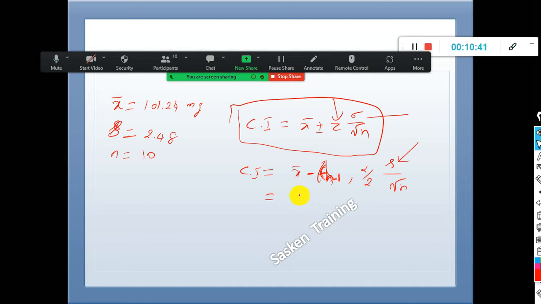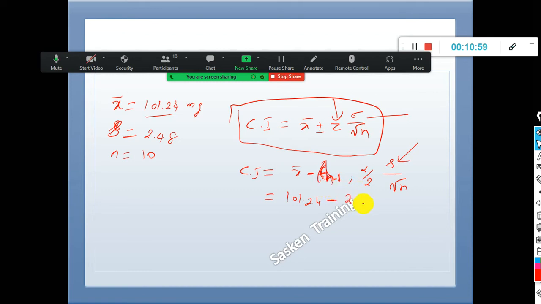Now what is my mean value? 101.24, minus t with n minus 1, which is my degrees of freedom. How do I find the degrees of freedom? You need to look at the t distribution table.